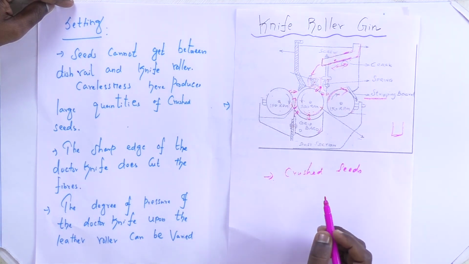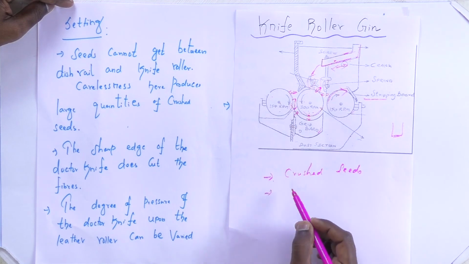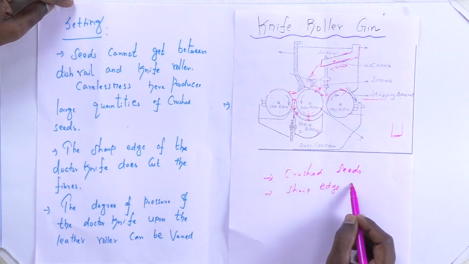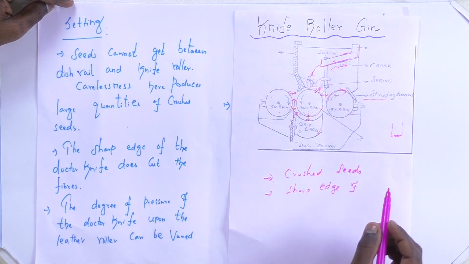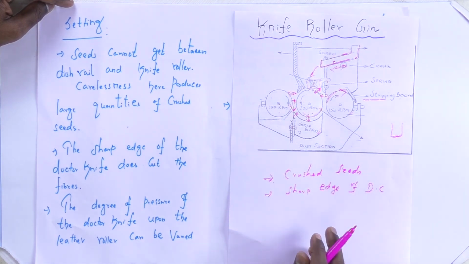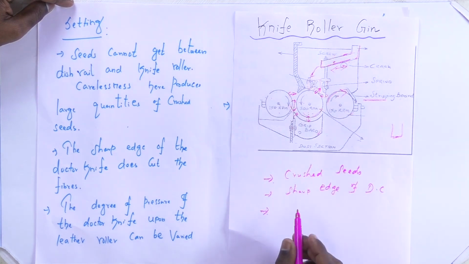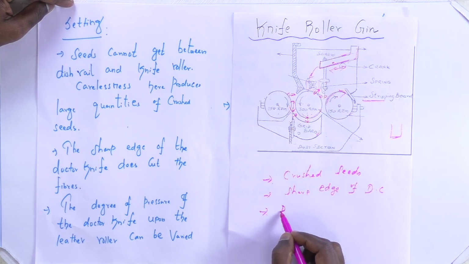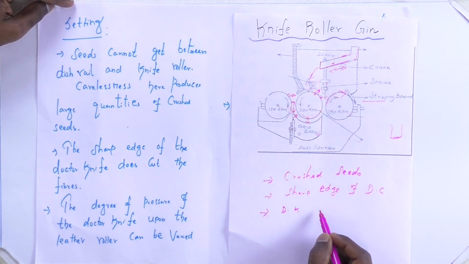And the sharp edge of the doctor knife may cut the fiber. It is also possible. The pressure between the doctor knife and leather roller is most important.